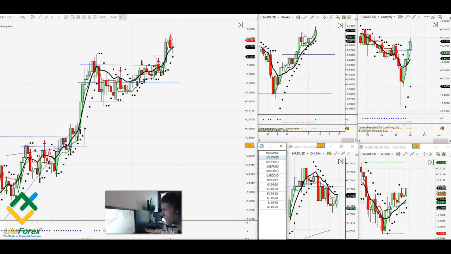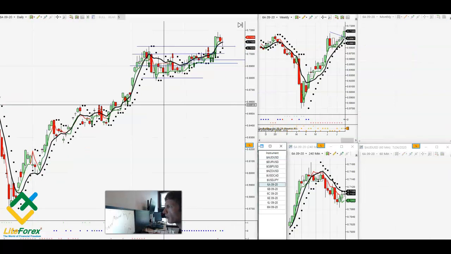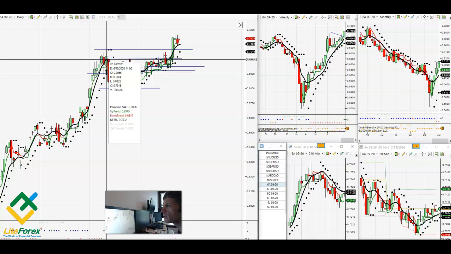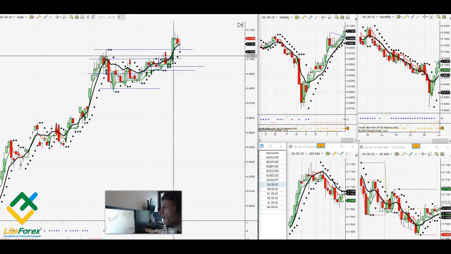Beforehand, let's take a look at the futures. Okay, so yeah, you can see on the futures that it held that support price. So basically we busted through this resistance, the high on June 10th, 0.7064, that was taken out on the 21st.